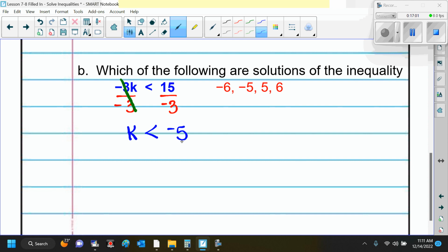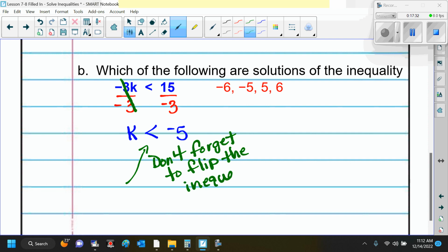No. What am I supposed to do with this inequality symbol? You must flip the inequality symbol. So this is not correct. We want to flip it. I'm going to erase and rewrite it. Okay, so I'm going to write: don't forget to flip the inequality.